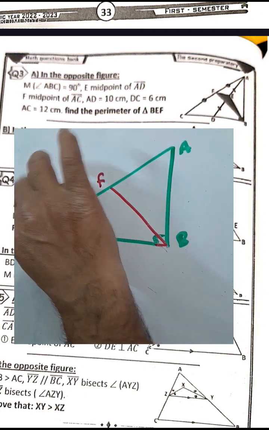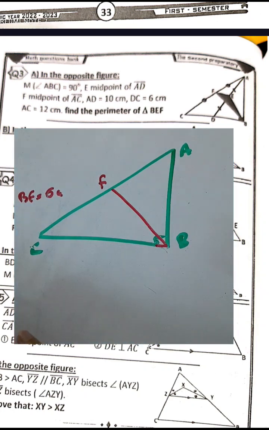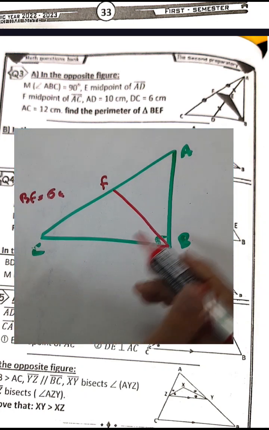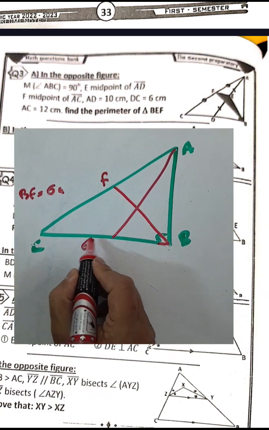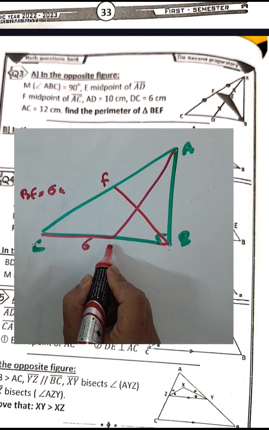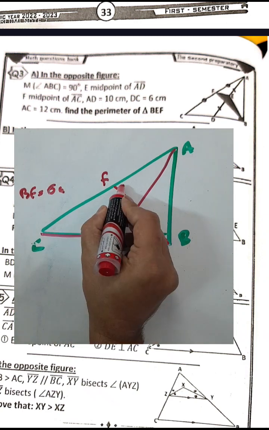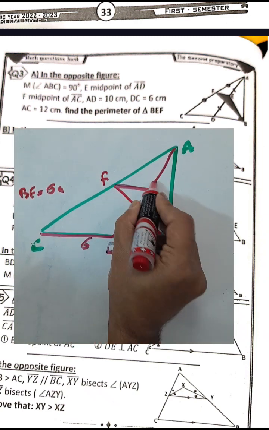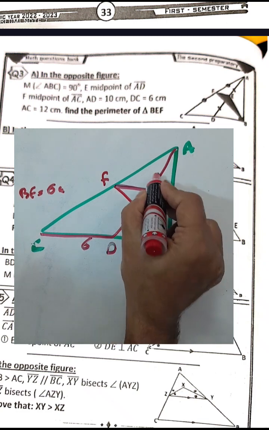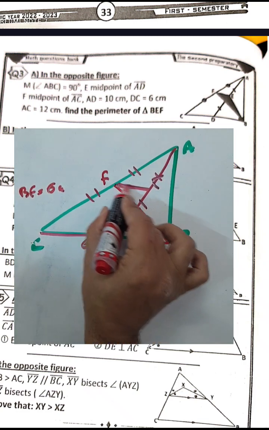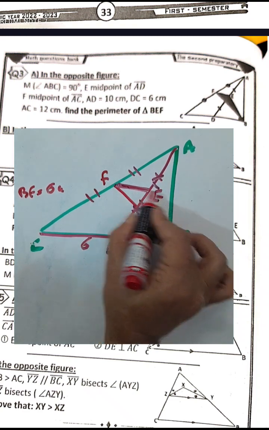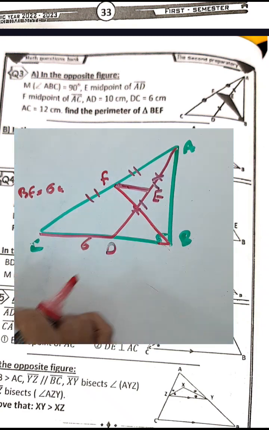This side length will be what? 6. Okay, and then he draws this side length and gives us this side length was 6. CD 6, and then draw this side length in the middle here. Then this side length drawing between E and F. Then EF half of CD.